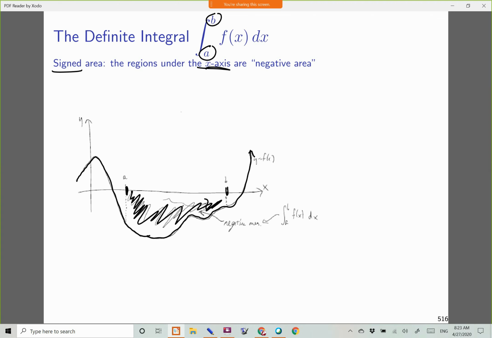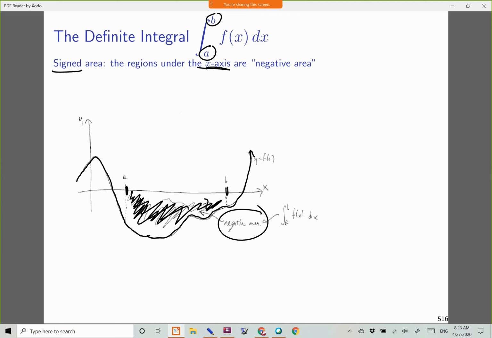The last function didn't have this feature. This function, based on the x values that were picked, the shaded region is below the x-axis simply because the graph was below the x-axis. And this region here, we're going to count this area actually as negative area. Any region that's shaded below the x-axis is going to be negative area. I know this is strange.